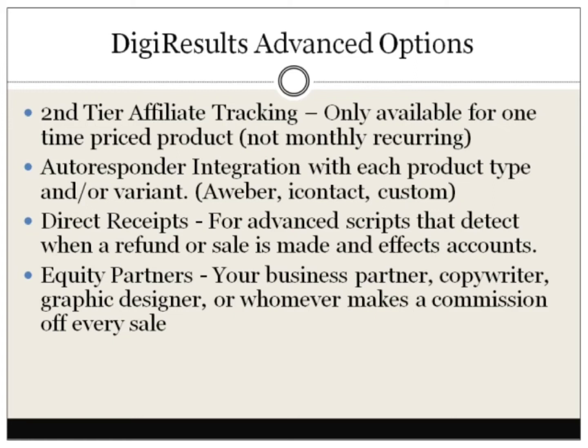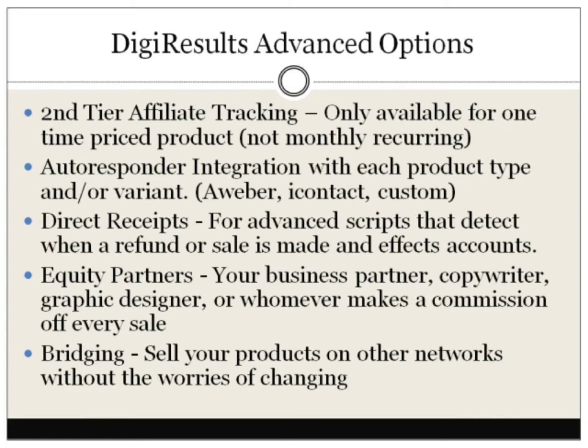If your equity partner, your business partner, gets 50% and you get 50%, then DigiResults is going to pay the affiliate, and what's left over is $10. Your business partner is going to get 50%, which is $5, and then you're going to get the $5. The beauty of all of this is it's all automated and instant.